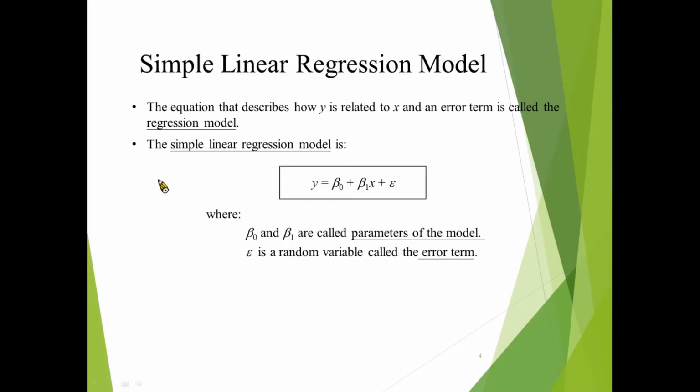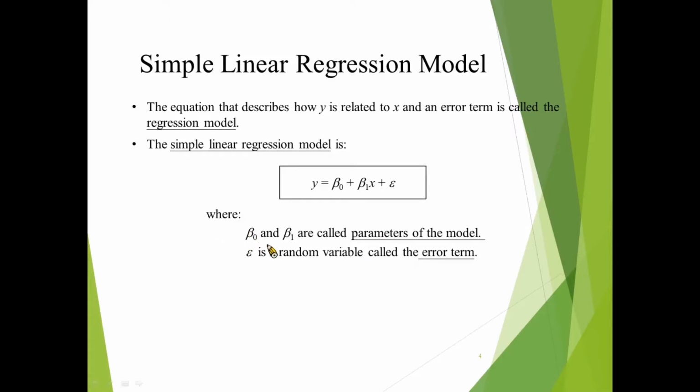Now we will talk about the simple linear regression model. The equation that describes how y is related to x, and an error term, is called the regression model. The simple linear regression model is y equals beta 0 plus beta 1 x plus epsilon.